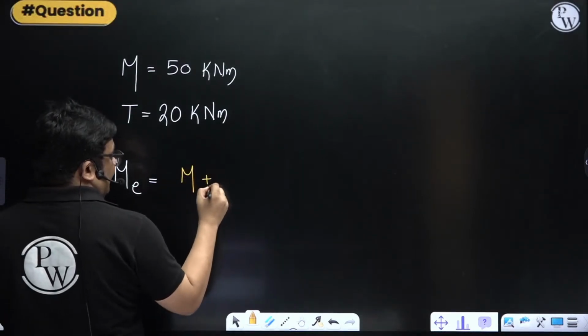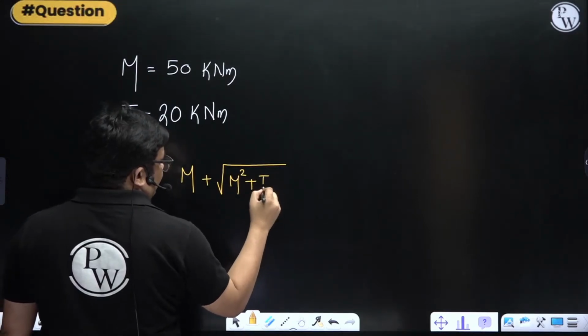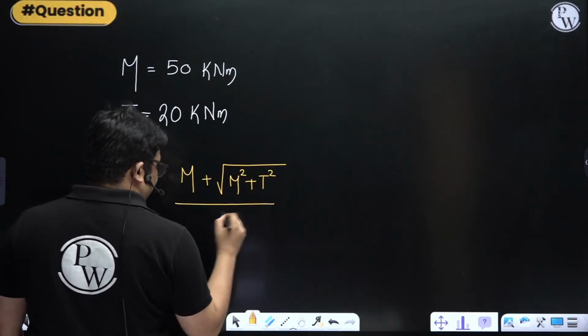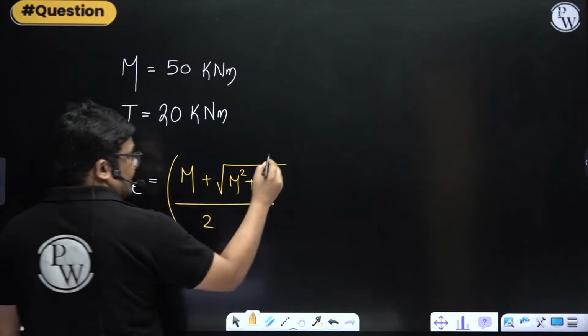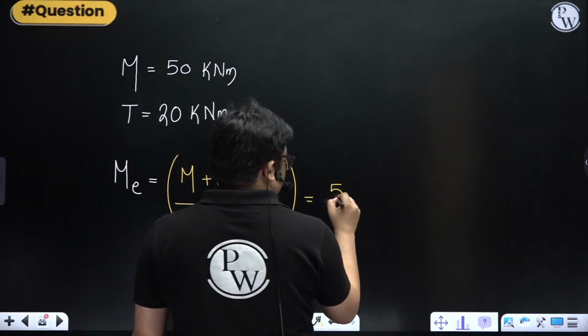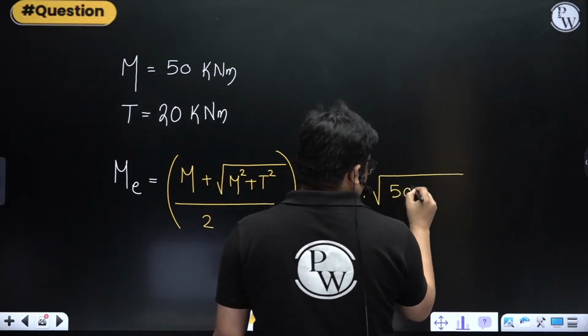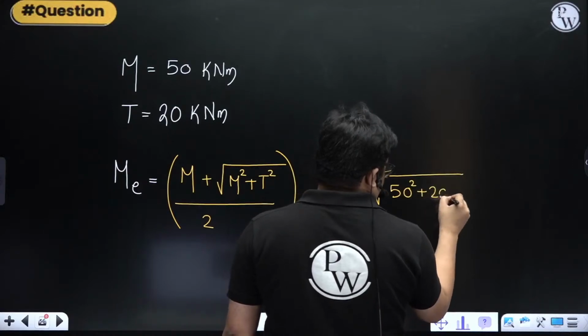It is simply M plus root under M square plus T square, divided by 2. So how much are you getting? It is 50 plus root under 50 square plus 20 square, divided by 2.